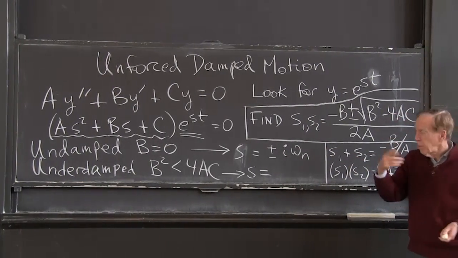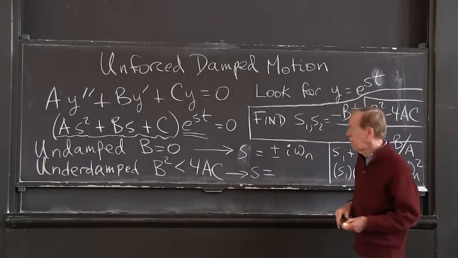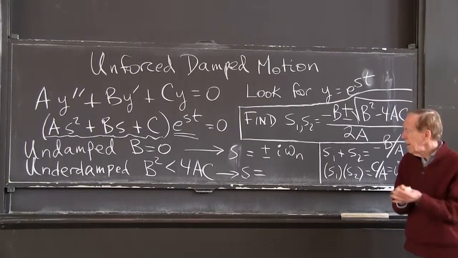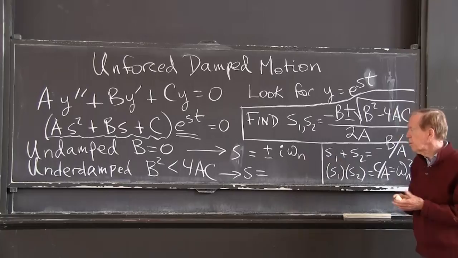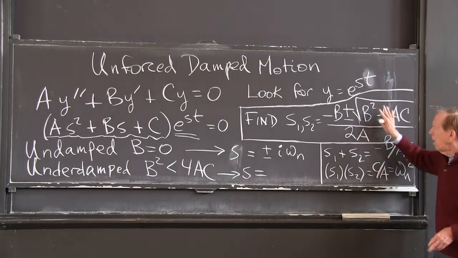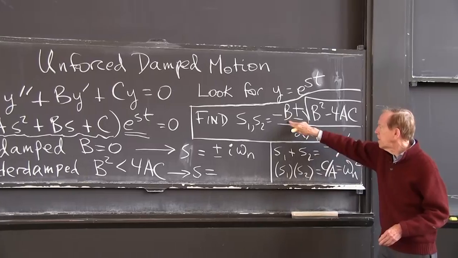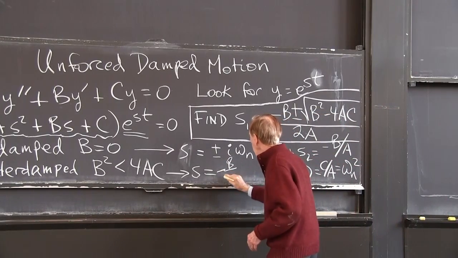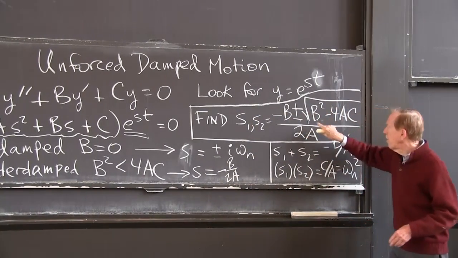Now the new ones with a b: b squared could be smaller, so that's only a little damping. And in that case, what does the solution look like? If b squared is smaller than 4ac, I have to always look back here. So I have something negative, a minus b over 2a, and then plus or minus, and what's the important point about this?